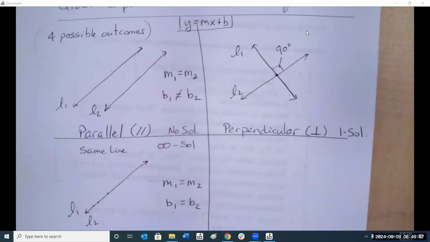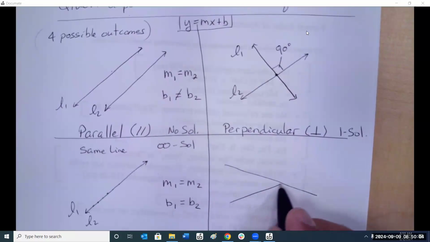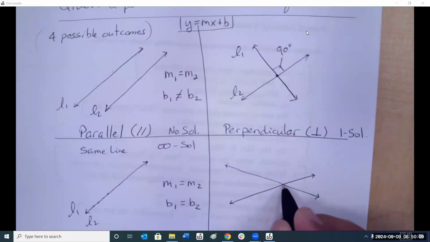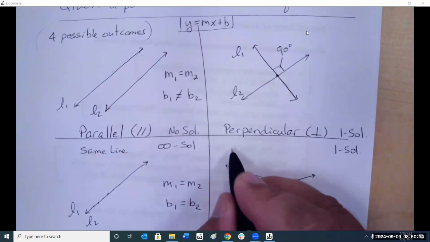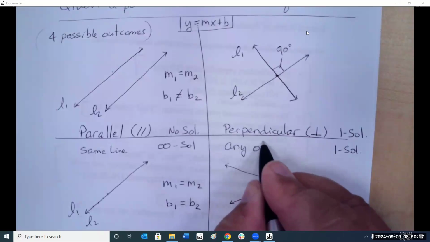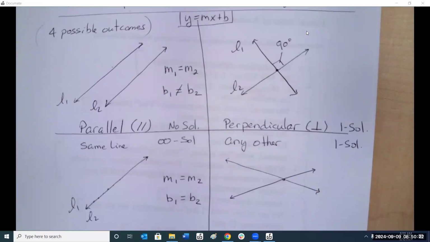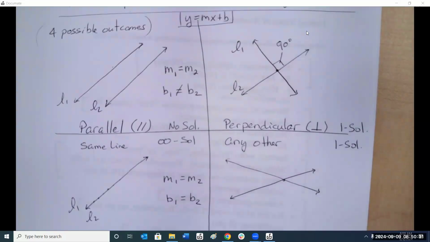We obviously see the slopes cannot be the same, as opposed to this one. This one has one solution also, and that's any other one. When they intersect at one point, they can either be perpendicular, meaning they cross at right angles, or they could be any other angle.